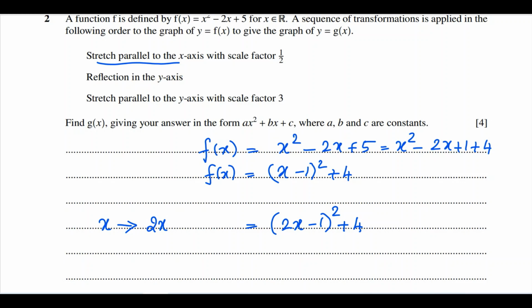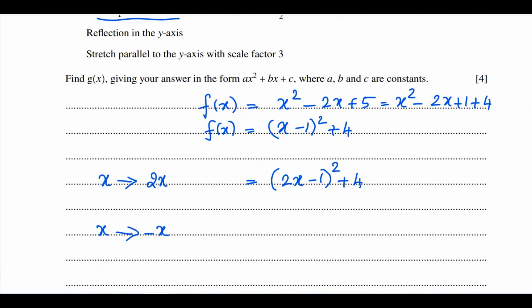Reflection in the y-axis. So reflection in the y-axis means x will become minus x. So now replace x by minus x. So you'll get minus 2x minus 1 the whole square plus 4.